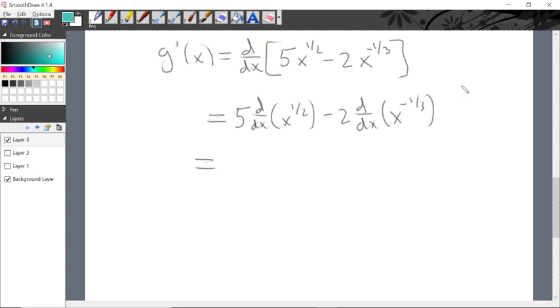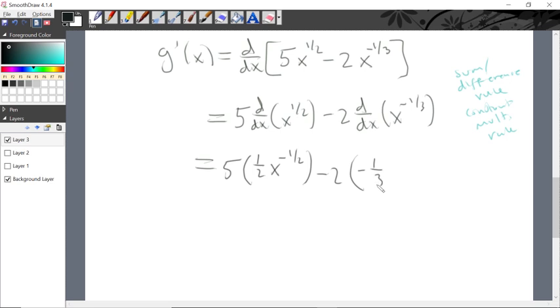Make a note here: we used the sum or difference rule, depending on how you look at it, and the constant multiple rule as well. Now applying the general power rule, we have 5 times 1/2 x to the negative 1/2, minus 2 times negative 1/3 x to the, subtracting 1 from negative 1/3, we get negative 4/3. Negative 1/3 minus 1 is negative 4/3.